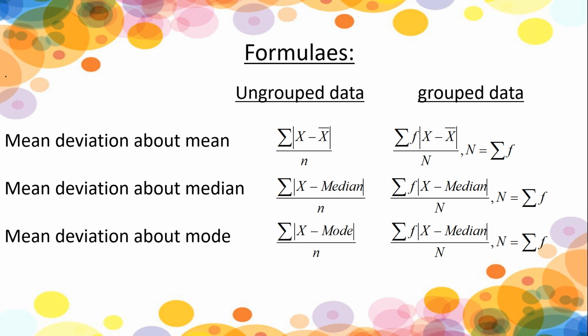For grouped data it is the ratio of sum of the frequencies multiplied by the absolute deviations of observations from the median to the total of frequencies, which is capital N. Next, mean deviation about mode is the ratio of sum of the absolute deviations of observations from the mode to the number of observations given, and for grouped data it is the ratio of sum of the frequencies multiplied by the absolute deviation of observations from the mode to the total of frequencies. These are the formulas for mean deviation about different averages.